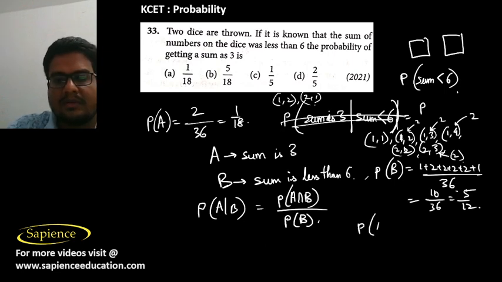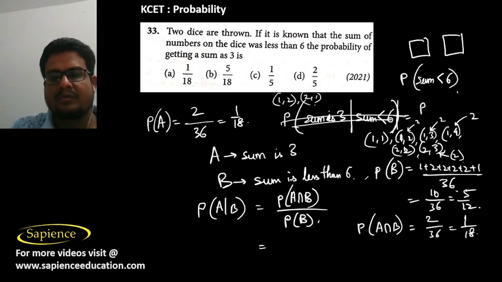And P of A intersection B will be the probability that the sum is 3 and the sum is less than 6. That will be equal to 2 by 36, which is equal to 1 by 18, since A intersection B also will be 1 comma 2 and 2 comma 1.